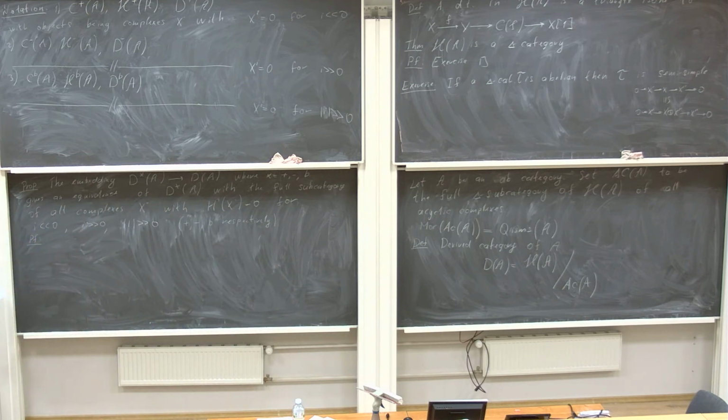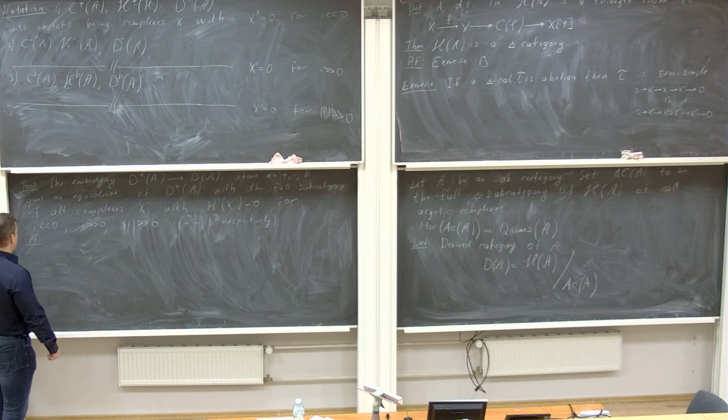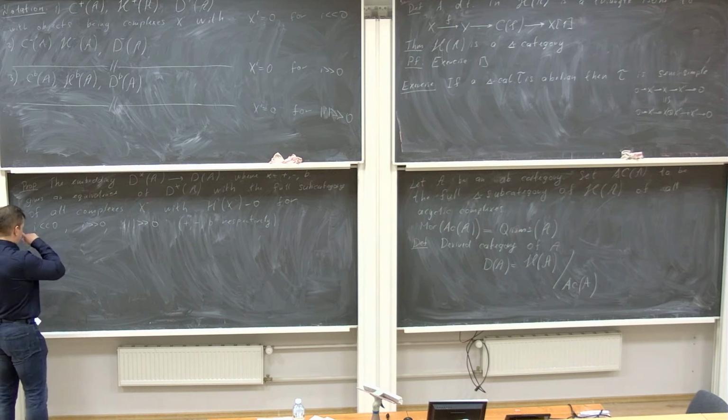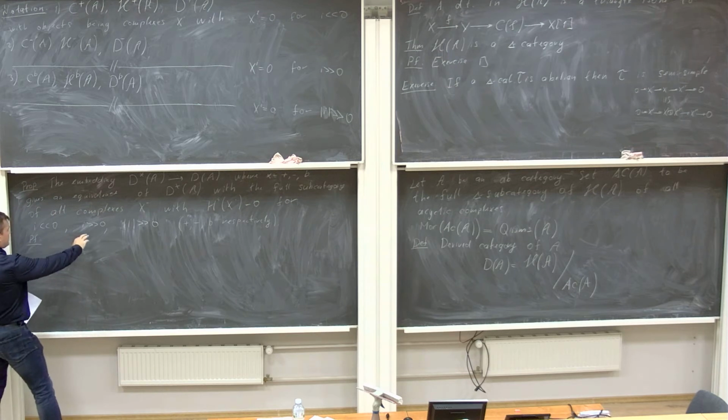Of course, in these three cases the proofs are essentially the same, so it's enough to prove only one case. Let's consider, well, actually what I've prepared is the proof for the second case.